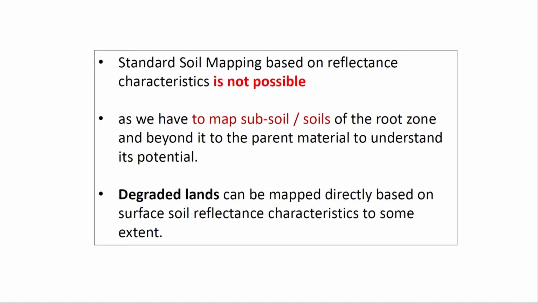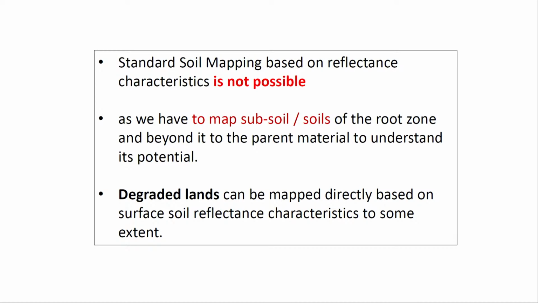So again I repeat, standard soil mapping based on reflectance characteristics is not possible, as we have to map subsoil or soil up to the root zone and beyond it up to the parent material to understand its full potential.